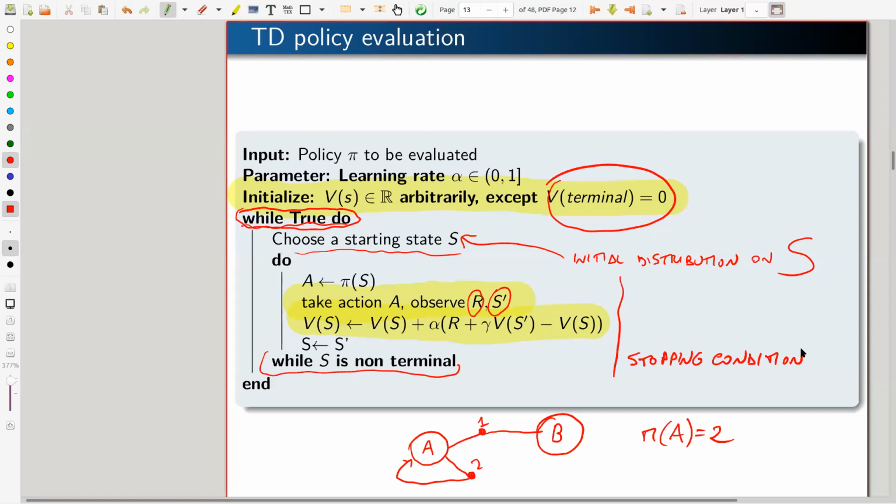After that, you will improve the policy. So in this case, the policy will almost certainly try also action 1, and so this will not happen anymore. But in this case, something more happens. Not only does the algorithm not terminate, but state B is never visited.